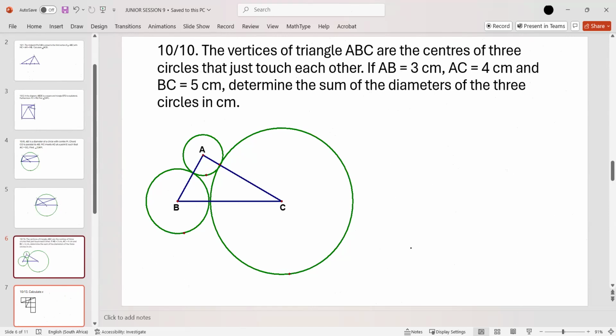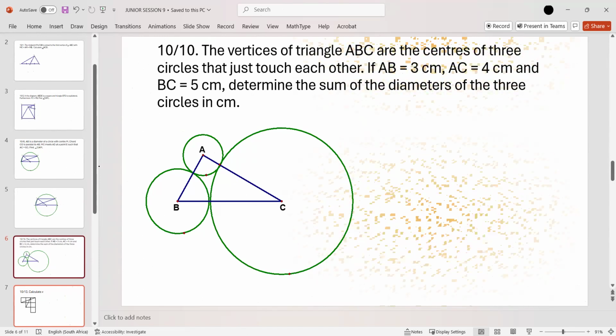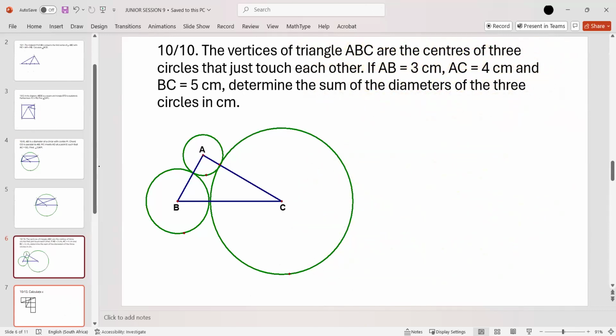The vertices of triangle ABC are the centers of three circles. As you can see, you've got a triangle with vertices A, B, and C. A is the center of that circle, B is the center of that circle. So we know these are centers, which means that from the center to the boundary, all these lines are equal in length. They're all called the radius.